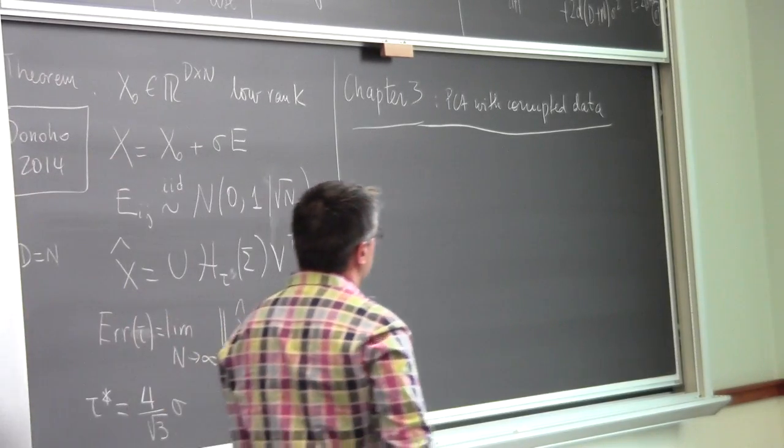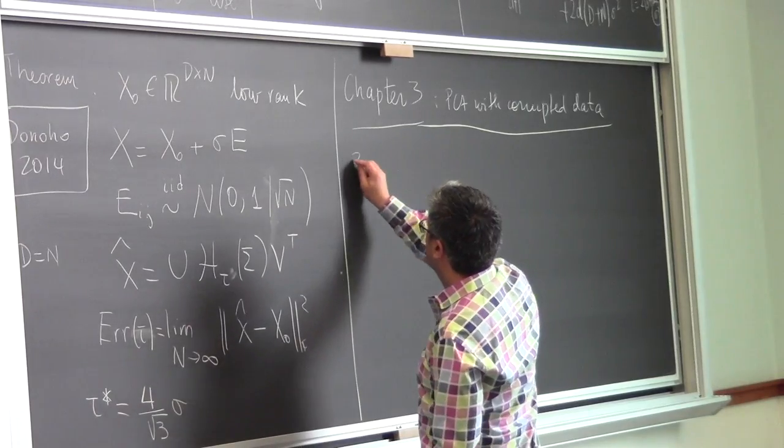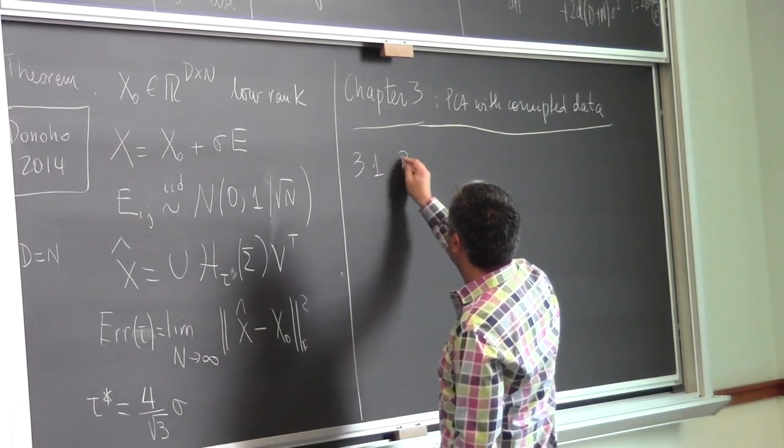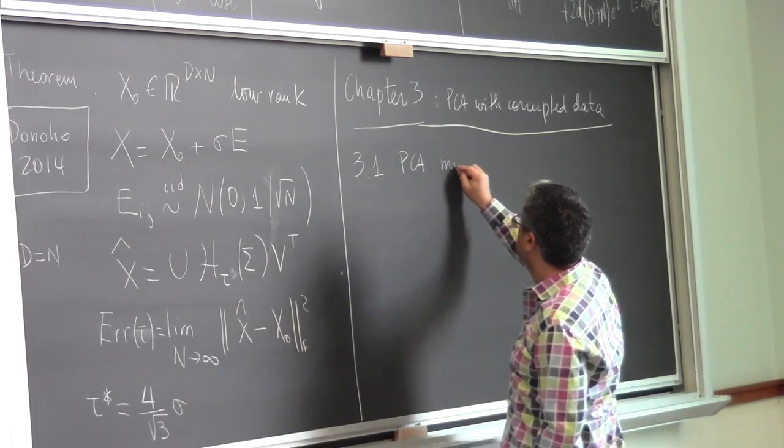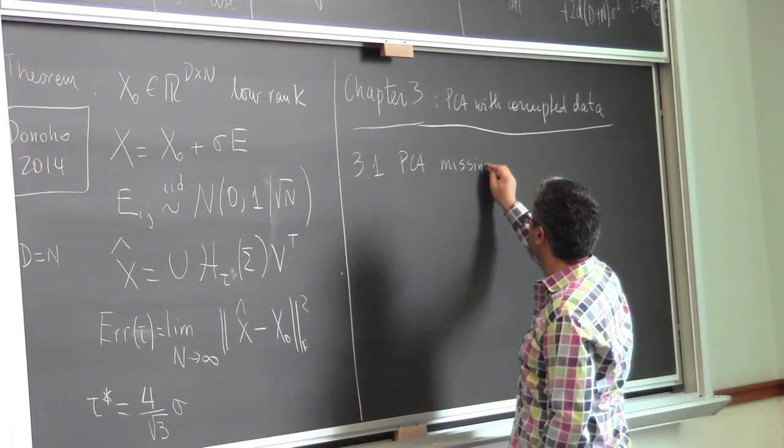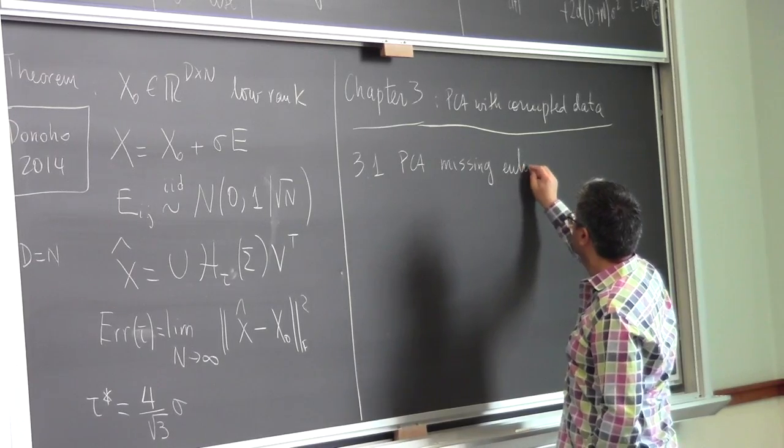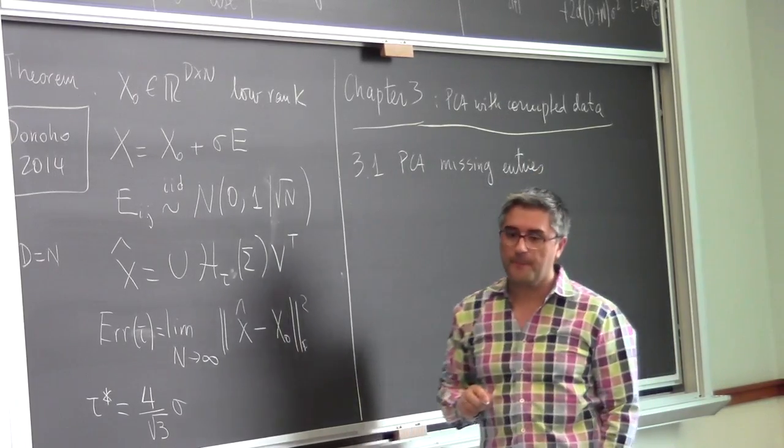And in particular, I'm going to begin with 3.1, which is PCA with missing entries. Okay.